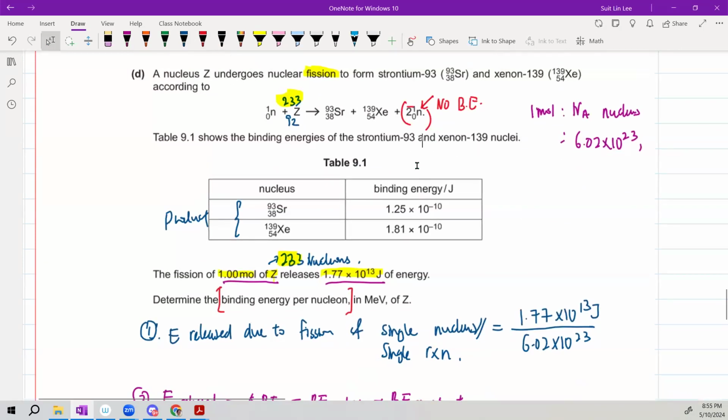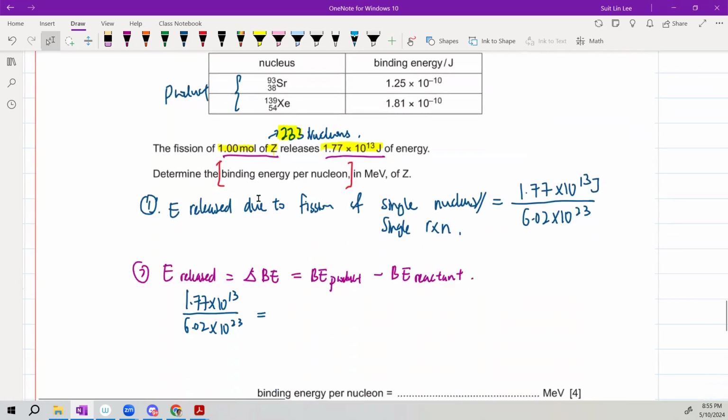Whereas all the 93 nucleons in strontium are stuck together and the 139 in xenon are stuck together. Okay, so I'm going to put that in. 1.25 times 10 to the power negative 10 plus 1.81 times 10 to the power negative 10.